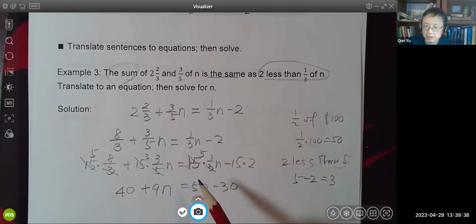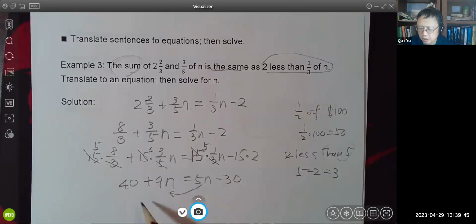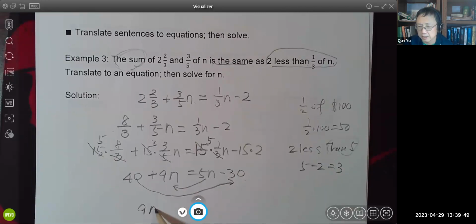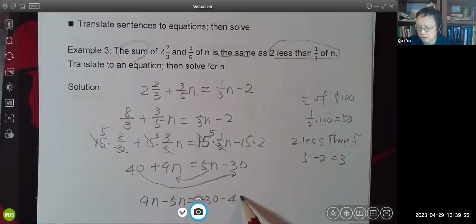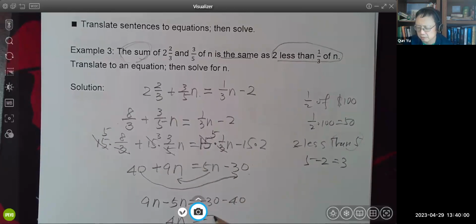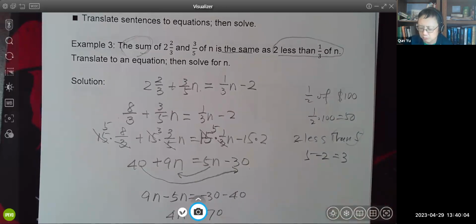Now, just like in the last example, I'm going to move variable terms together on one side, and numbers on the other side. So again, 9n minus 5n equals negative 30 minus 40. So this is 4n equals negative 70. We divide by 4 on both sides.